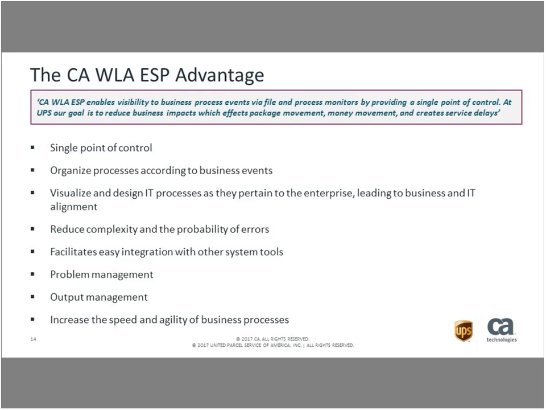So all of these things help us, and ESP brings those abilities to us, whether it's monitoring for a file or automatically restarting jobs. It's the ESP advantage that allows us, as I mentioned earlier, to allow other resources to be used in other places. That's what we have to do.